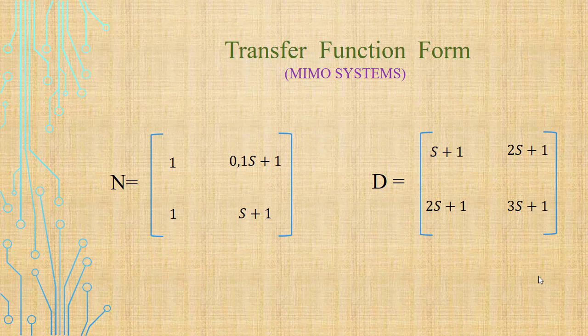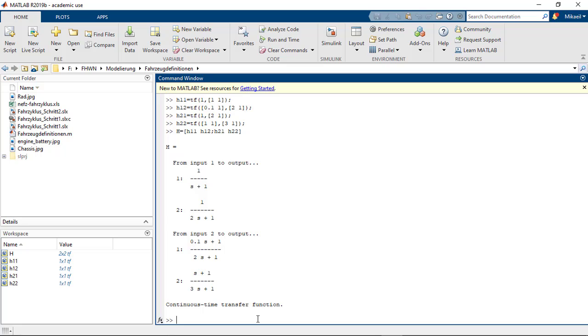We can also define transfer function form in MIMO systems in another way. We have to define all numerators together and also all denominators together. Now we go to Matlab and define our H system. Now I define all numerators. I write n equals, please be careful, now we have to use braces, not brackets.